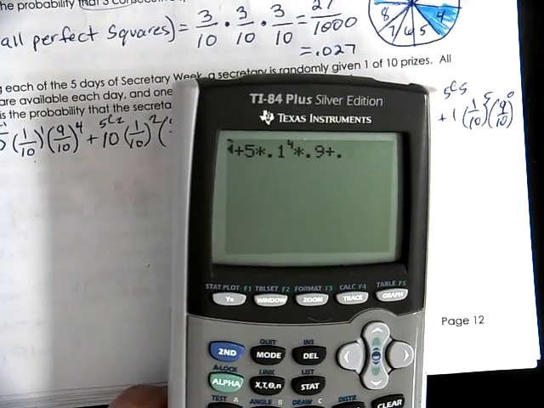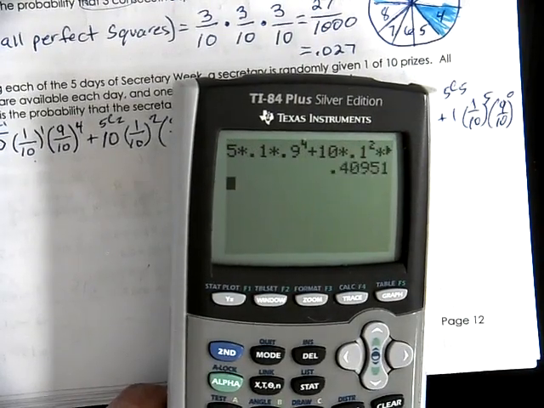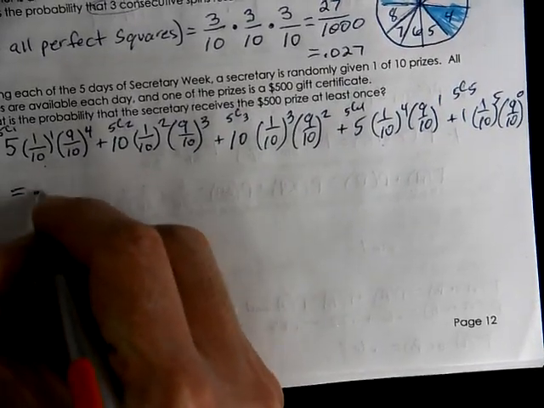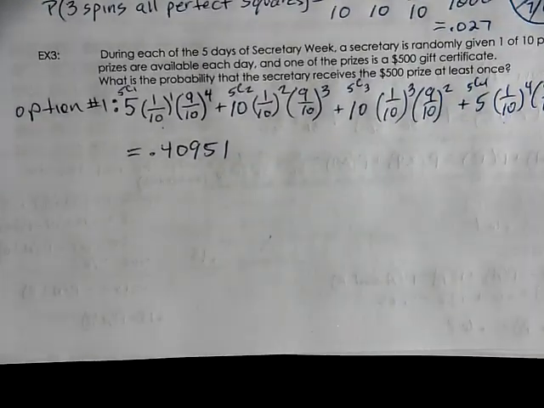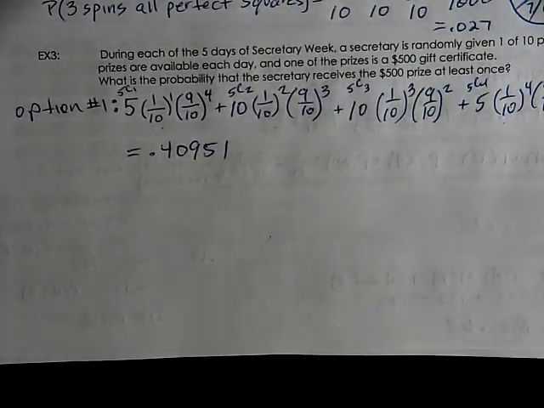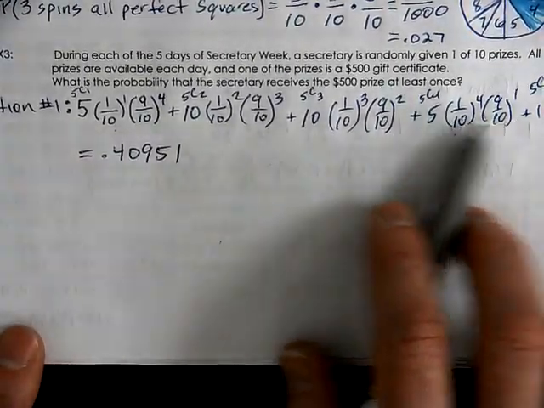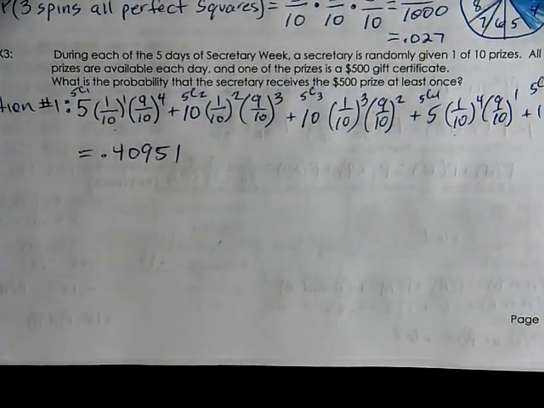This is winning it all 5 times. There it is. So that is 0.40951. We could round that to 0.41 if you want. So that's a crazy way. Do you understand? Could you explain what this means? Can you discuss that?